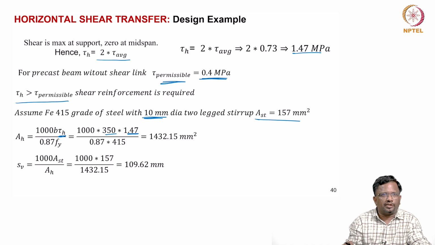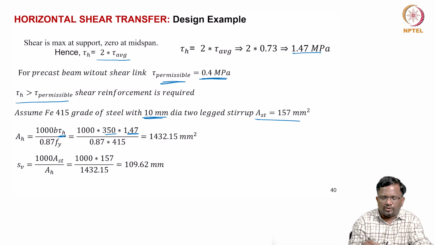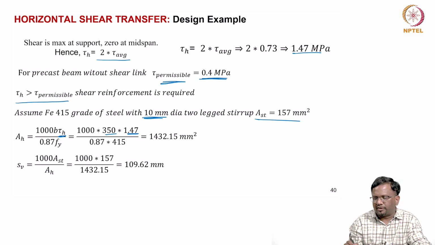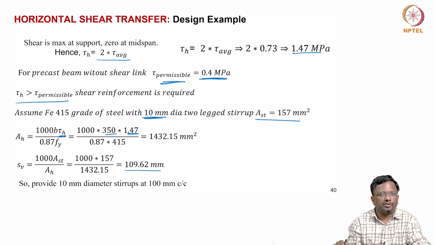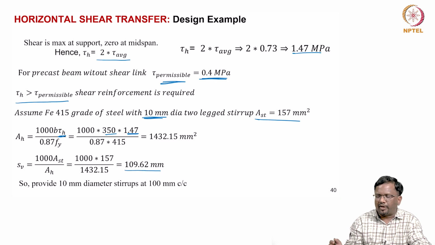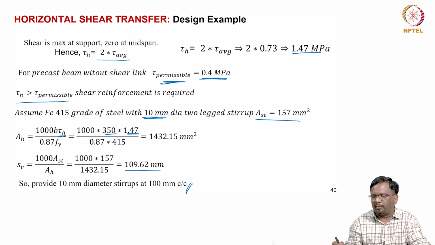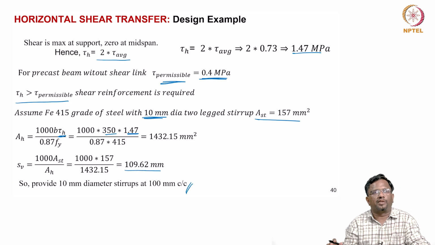Again, spacing is calculated by 1000 by AST times AH, which works out to be 109.62 millimeters. So, I have to provide 10 mm diameter stirrups at 100 mm center to center to satisfy this horizontal shear stress requirement.